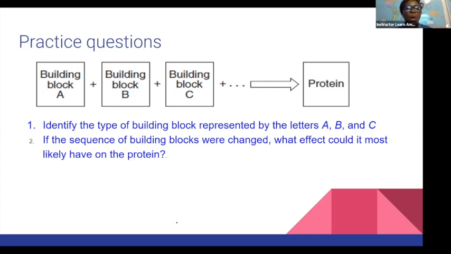So we see block A, B, and C. It says identify the type of building blocks that are represented by A, B, and C. The building blocks come together to form proteins. So we should know already what forms protein, and that would be amino acid. So the answer for number one is amino acids.